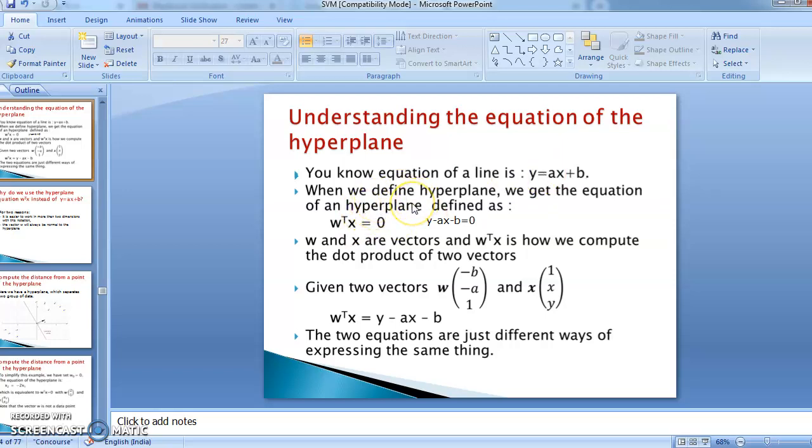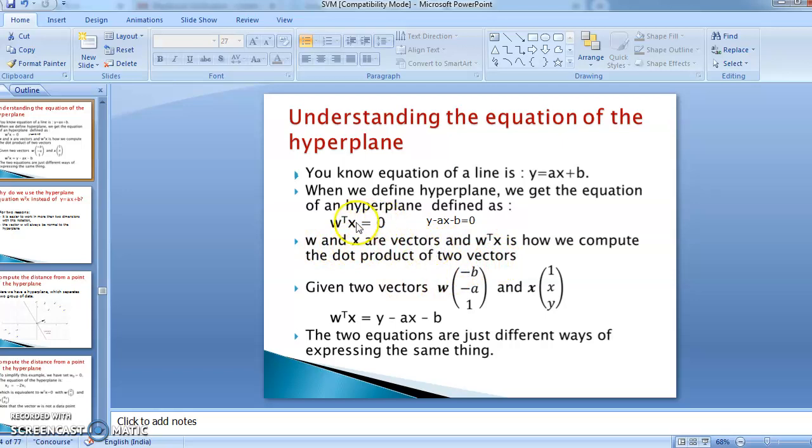If we want to find the hyperplane, we can use another variation. We use this formula, that is wᵀx, where w and x are known as vectors. That is also the same equation; if we want to represent the hyperplane equation using the dot product of two vectors, then it is represented by wᵀx = 0, where w and x are the vectors.